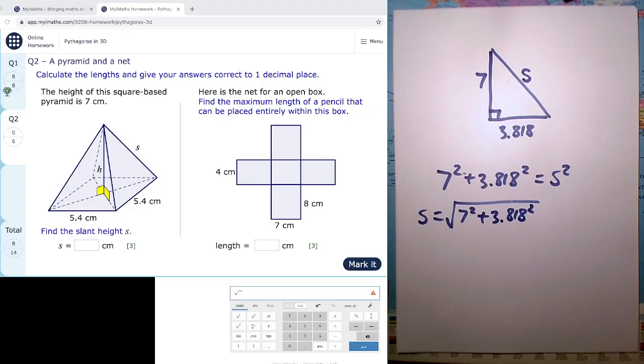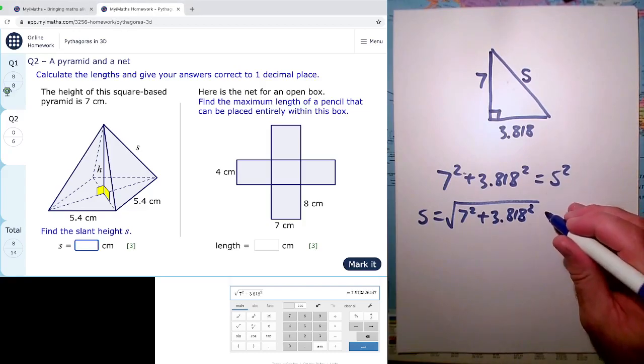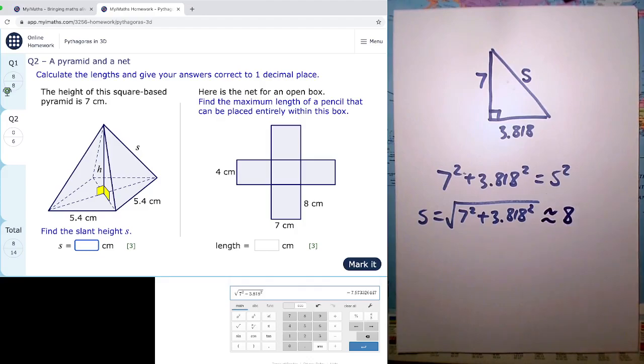Square root of 7 squared plus 3.818 squared. Obviously I've rounded that off a bit, but because I've gone to 3 decimals there, I should be okay to 1 decimal. And that comes to 7.97. So in fact, to 1 decimal place, that will be approximately equal to 8. So I've got the slant height as 8, or 8.0, which is as good as 8 to 1 decimal place.